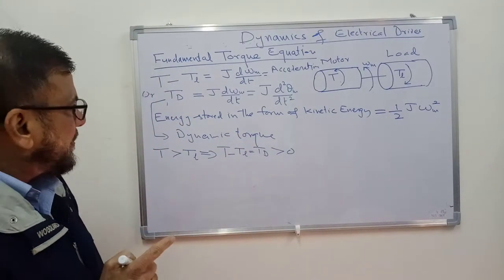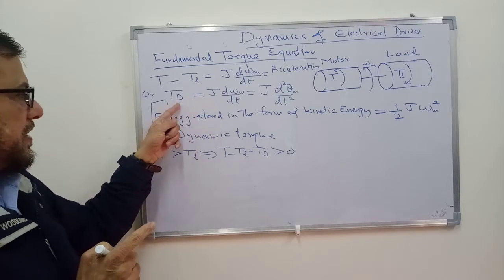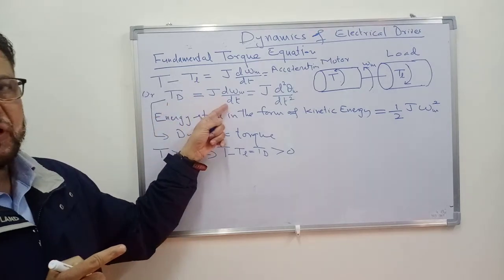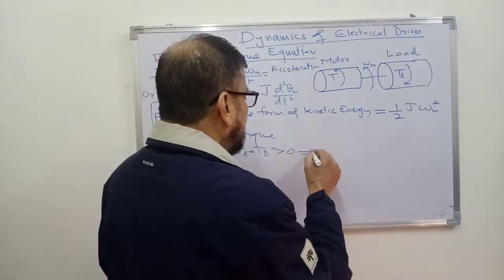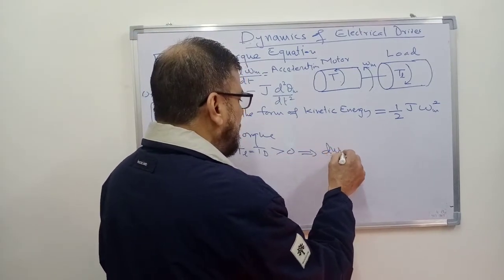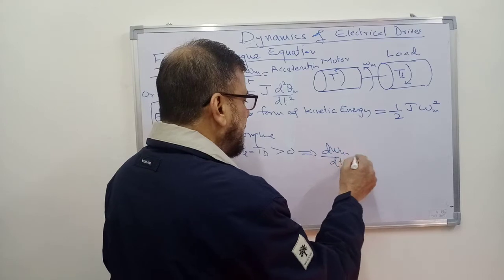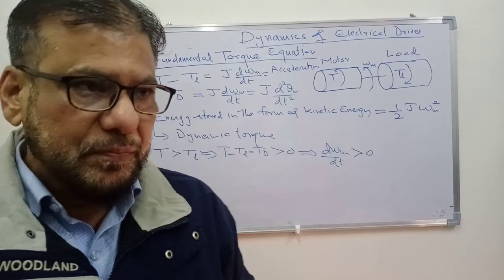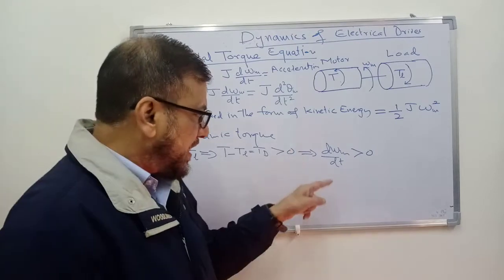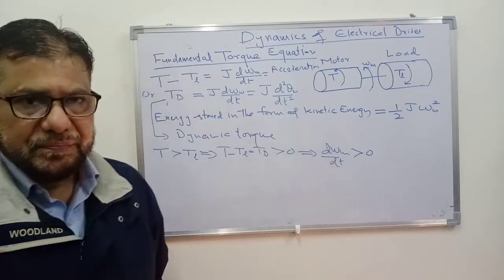If TD is greater than 0, then J d omega m over dt is also greater than 0. So this implies that d omega m over dt is greater than 0, or you can say that the acceleration is positive.